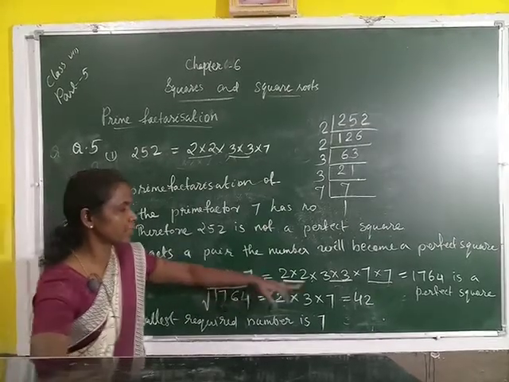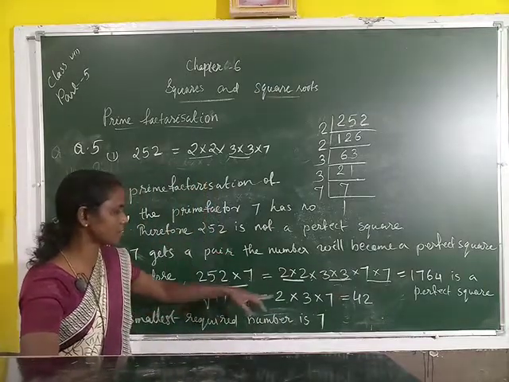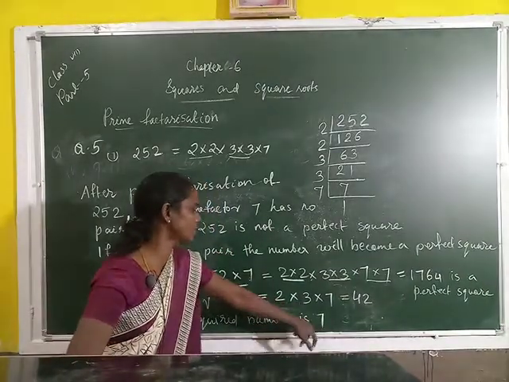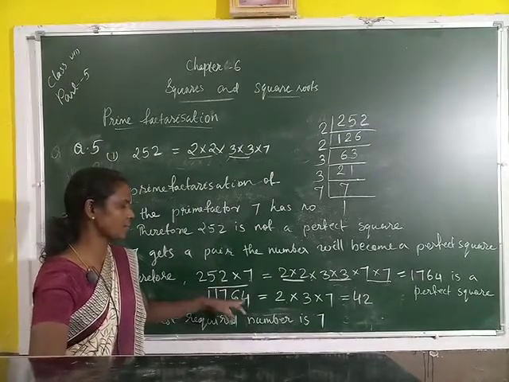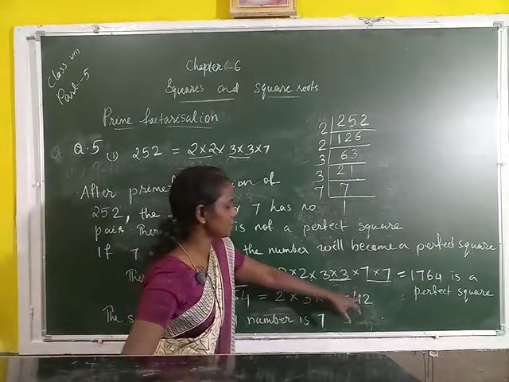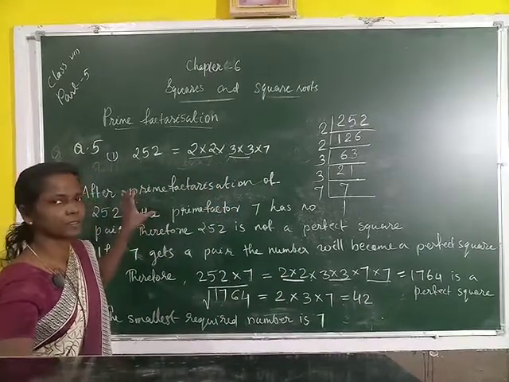Then we will get a perfect square. The smallest required number is 7, and that perfect square is 1764, and its square root is 42. Do you understand that?